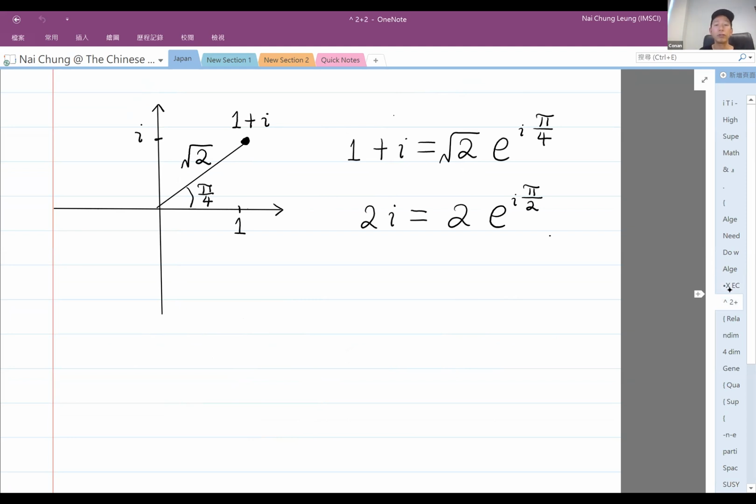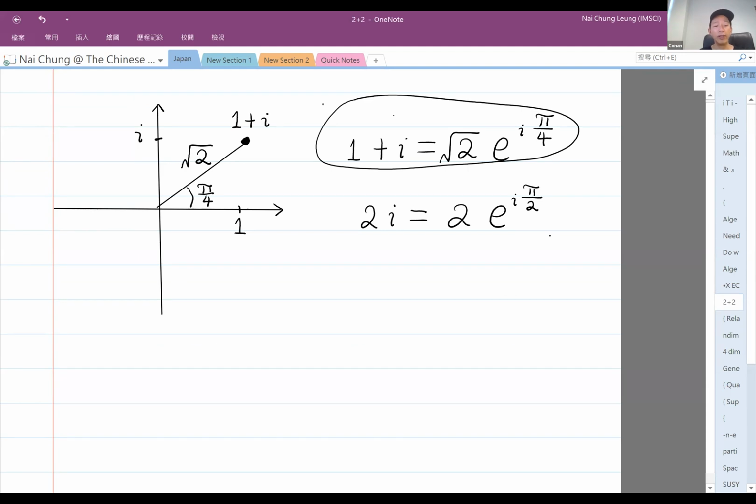For example, if you look at 1 plus i, which is this number here, instead of writing 1 plus i, you can, in terms of so-called polar coordinates, say the length is square root of 2 and the angle is pi over 4. So 1 plus i you can write as square root of 2 times e to the i pi over 4.